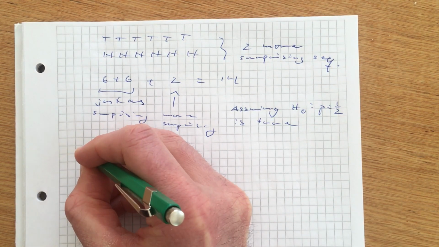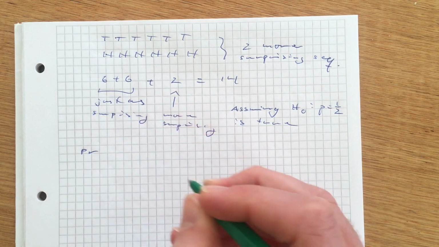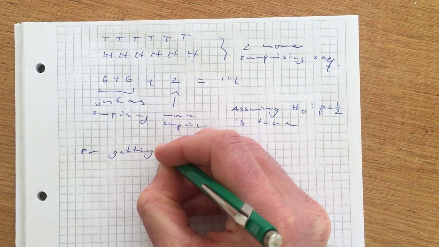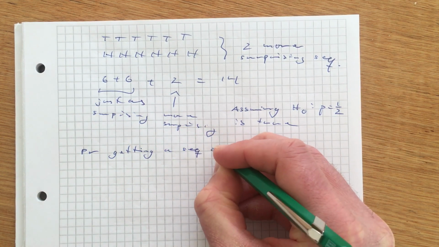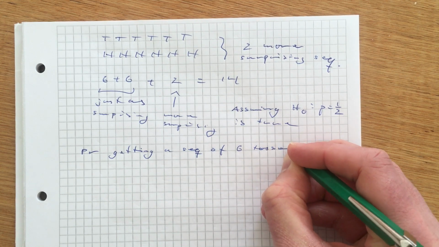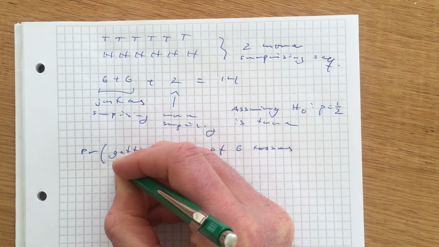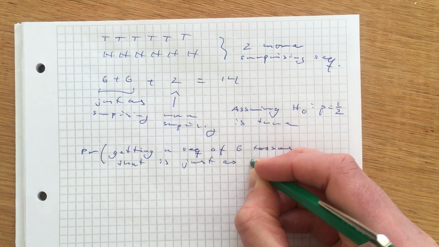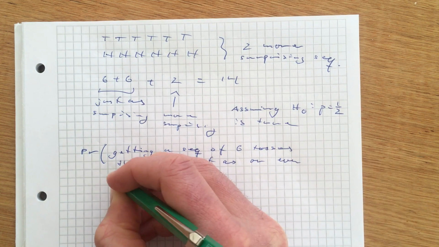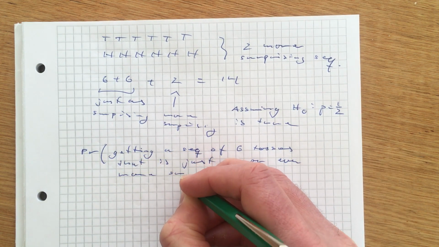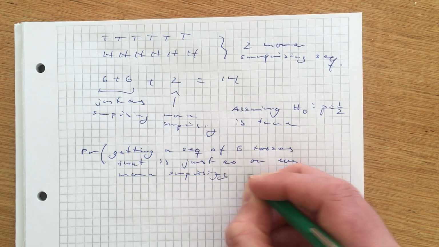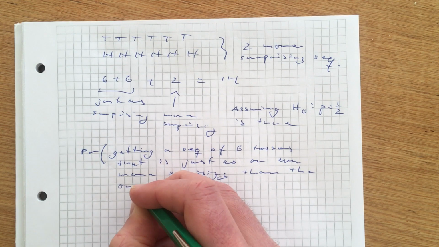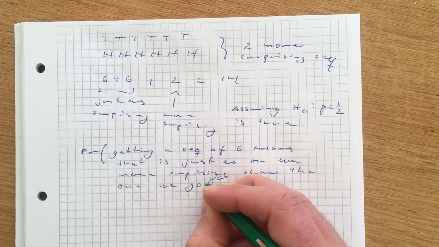We have the probability of getting a sequence of 6 tosses that is just as or even more surprising than the one we got.